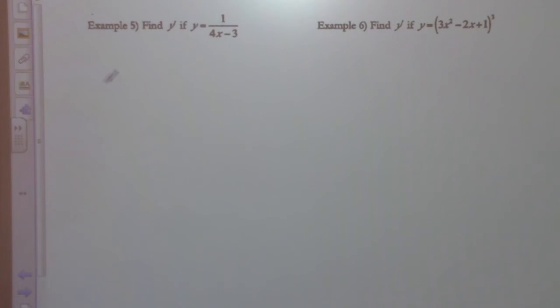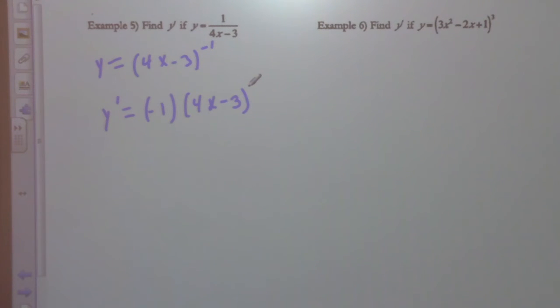One way you could look at this, you could read y as (4x - 3) to the negative 1 power. And if you apply the chain rule to that, what do you get? Negative 1 times (4x - 3) to the what power?